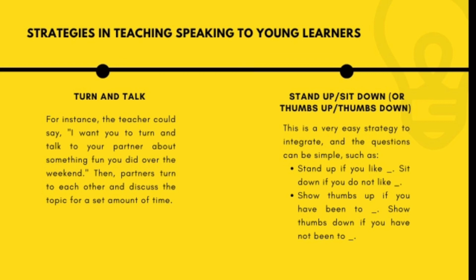And the second, stand up or sit down, or thumb up or thumb down. This is a very easy strategy to integrate and the question can be simple, such as stand up if you like, sit down if you do not like, thumbs up if you have been to, thumbs down if you have not been to.